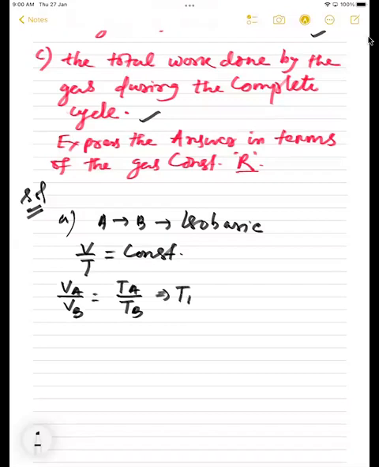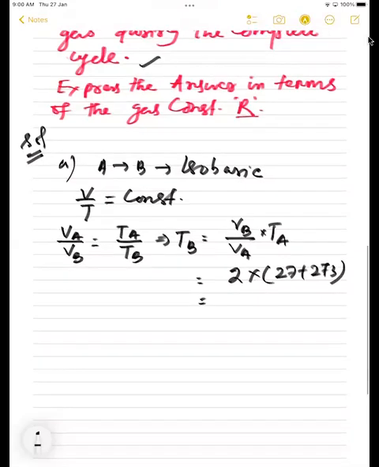And he's asking about the temperature at B. That is VB by VA into TA. So VB by VA is 2 and TA is 27 given, but we'll convert it into Kelvin by adding 273. So it will be 300 into 2, that is 600 Kelvin.